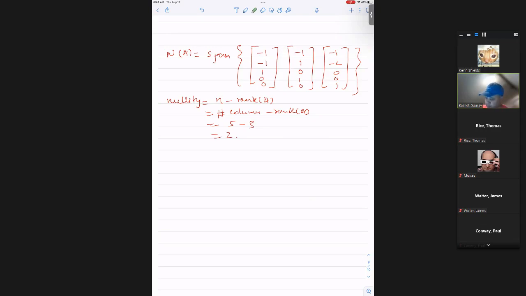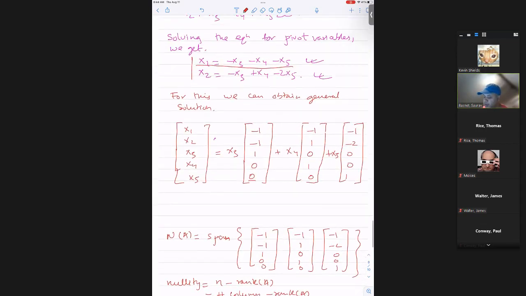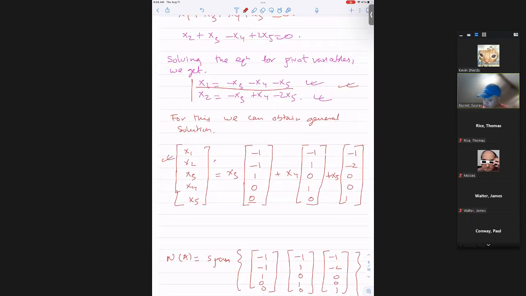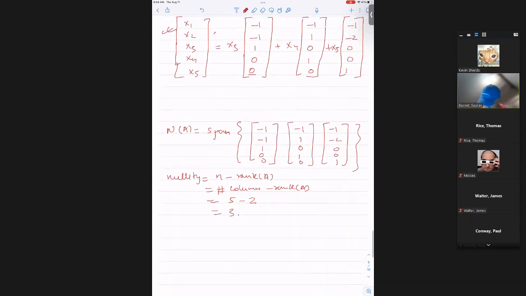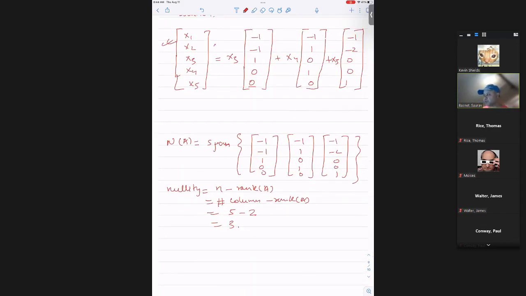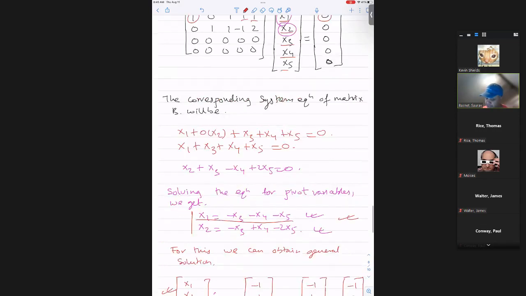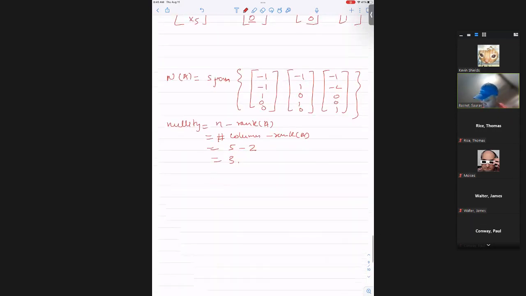Sorry, no, 5 minus 2. So nullity is 3. Did everyone follow this? This part is a little trickier, this part and this part. If you can do that, then it's okay. So, last math part.